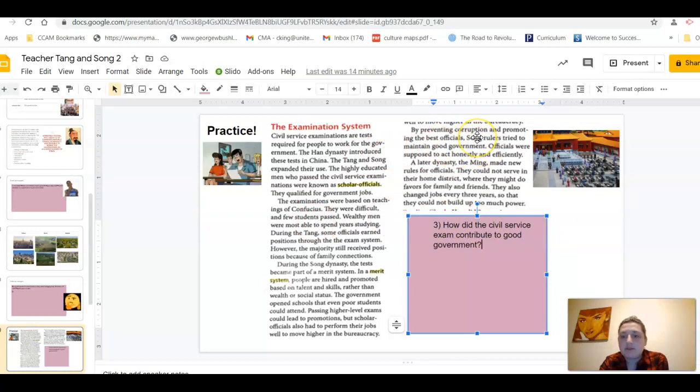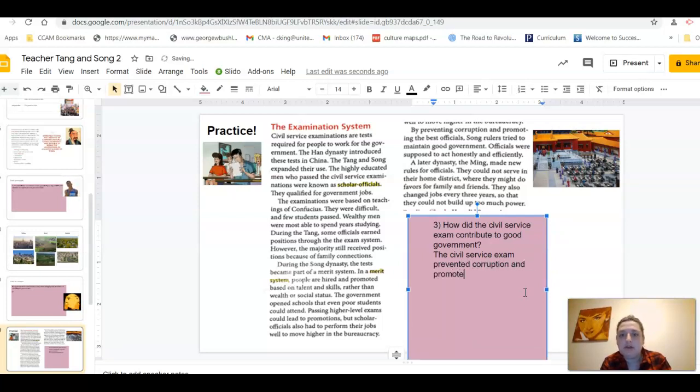So how did the civil service exam contribute? It prevented corruption and promoted the best officials. So the civil service exam prevented corruption and promoted the best officials.